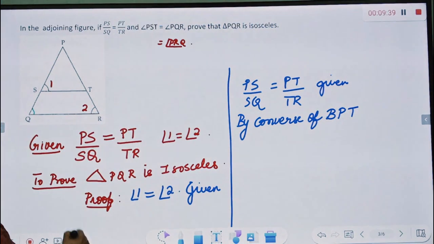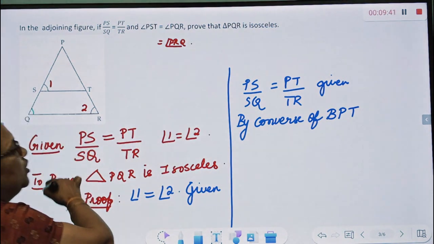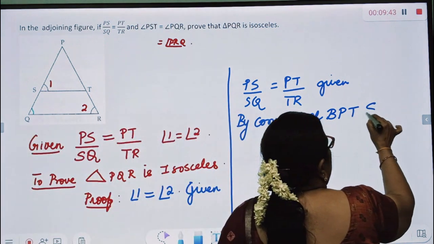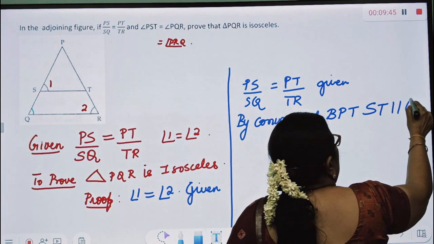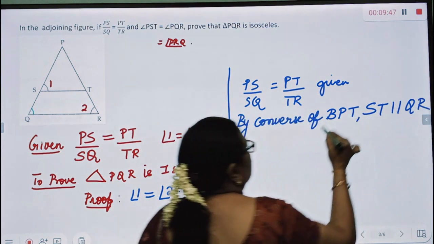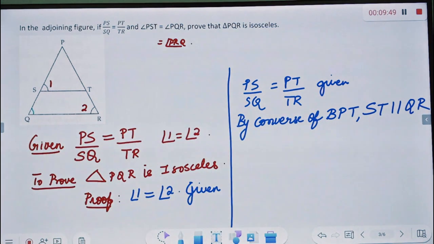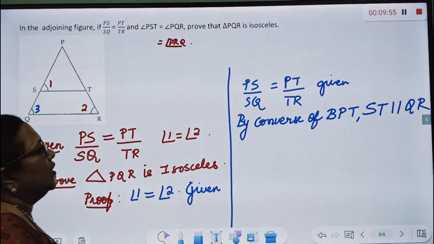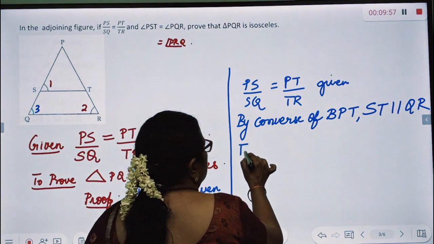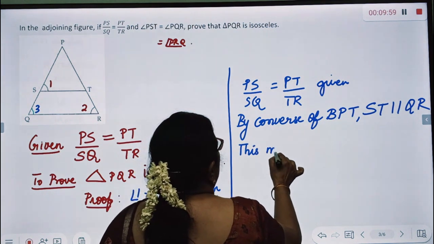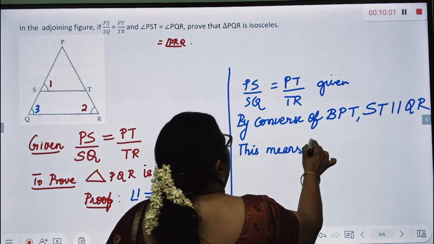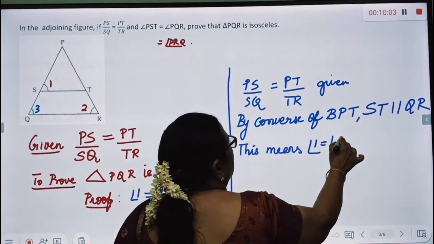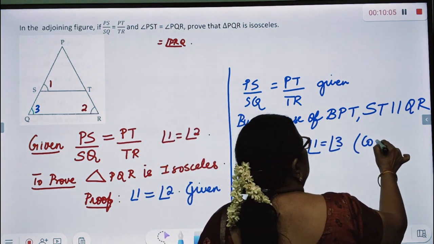ST is parallel to QR. Now if this is parallel, corresponding angles are equal. Then what will you get? This means angle 1 is equal to angle 3. Why? Corresponding angles.